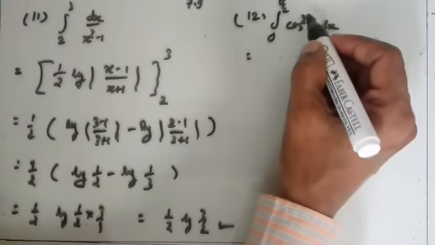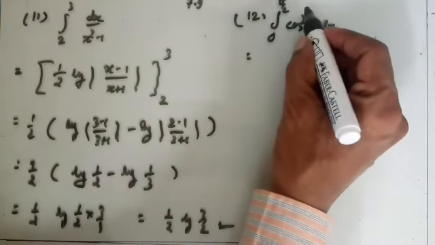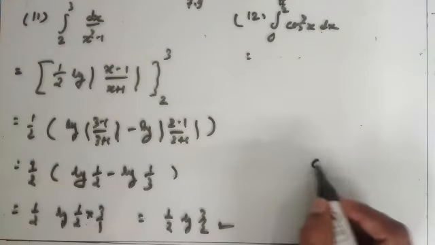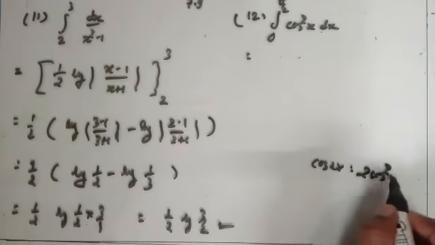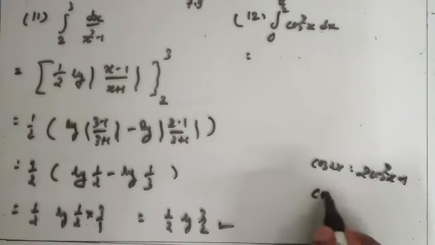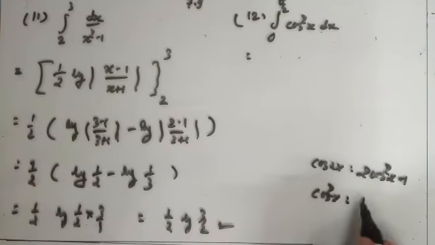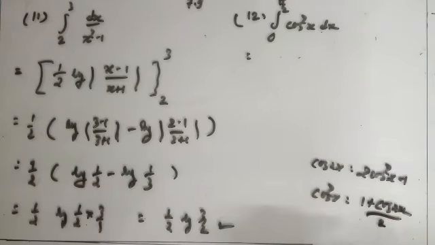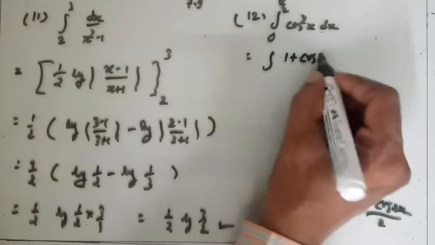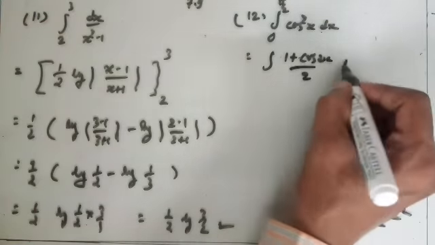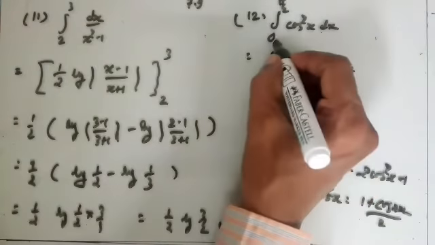So applying the formula to remove this square, we know that cos 2x is equal to 2 cos square x minus 1. Taking 1 to this side, cos square x is equal to 1 plus cos 2x, divided by 2. So we get cos square x is equal to 1 plus cos 2x upon 2. Here the integral of 1 plus cos 2x upon 2 dx, limit 0 to pi by 2.